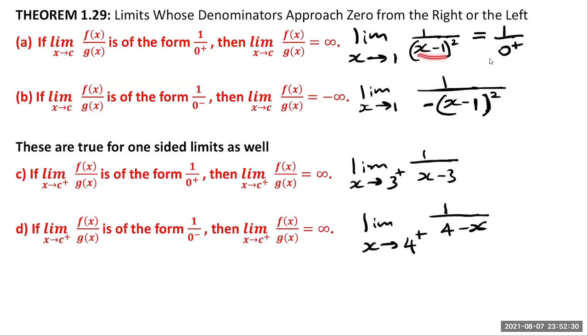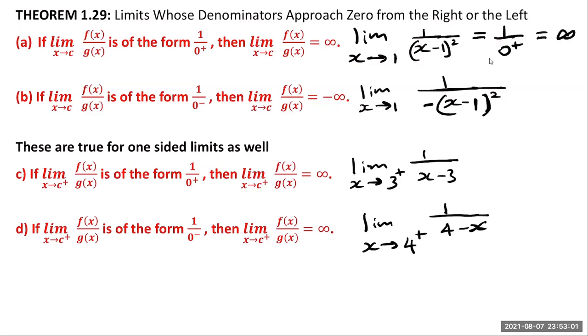Notice that as x approaches 1, this quantity is approaching 0, but you are taking the square here, which will make this whole thing positive. Still, this positive quantity is approaching 0 as x approaches 1. That's why I'm saying 1 over 0 plus. So this expression approaches 0 from the right-hand side, and the limit should be positive infinity in this case.